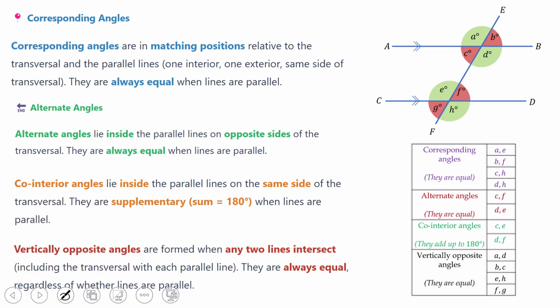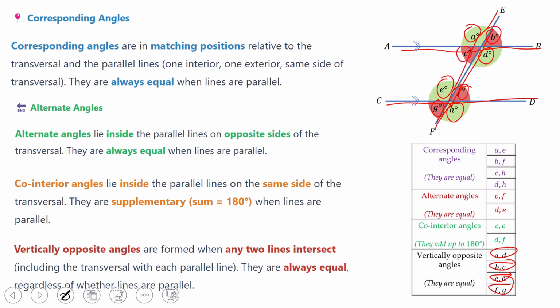From the diagram over here, if I consider this line and this line, the A and the D are vertically opposite angles. The C and the B are vertically opposite angles. Then if I consider this line and this line, the E and the H are vertically opposite angles. The same way, the J and the F are also vertically opposite angles.